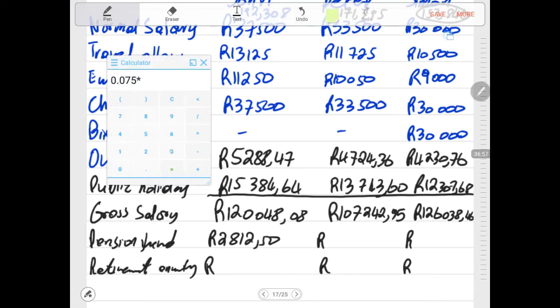Then 0.075 times 33,500 is 2,512 rand 50 cents.